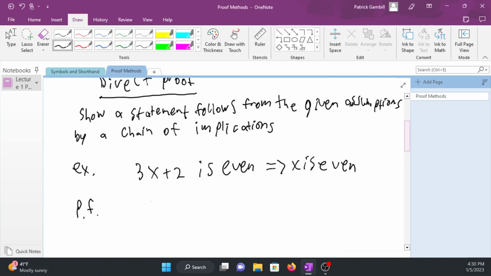We could say, well, 3x plus 2, we're going to call this a new number. Maybe we'll call this equal to y. We can subtract 2 from both sides. 3x equals y minus 2.